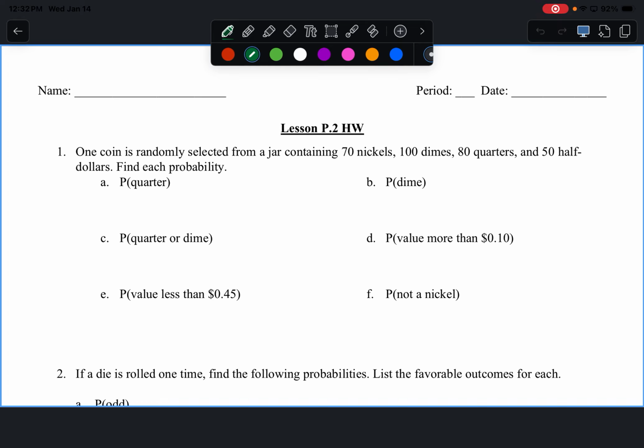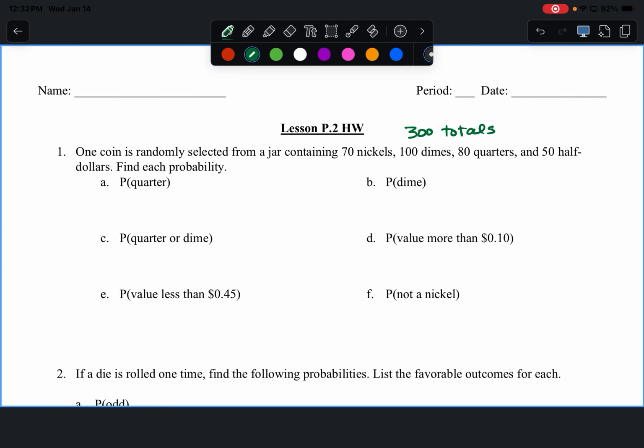It is exactly what it sounds like. It is half of a dollar. How much is half of a dollar? 50 cents. Okay, how much is a quarter? 25 cents. How much is a dime? 10 cents. How much is a nickel? 5 cents. Okay, now, how many coins in total are in the jar? There is 300 total coins.